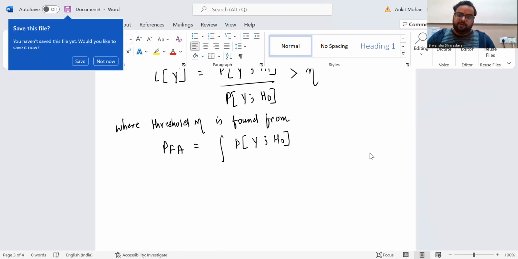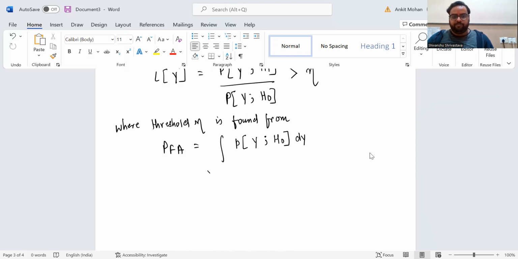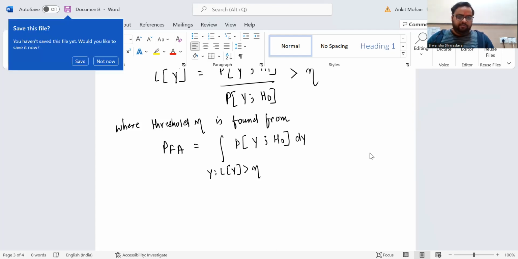The received signal is denoted by the variable y, and this integration will be performed over those values of y over which the likelihood ratio of y with H1 and y with H0 is greater than the threshold eta.